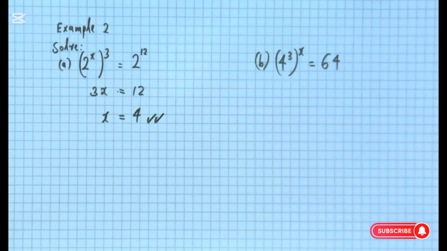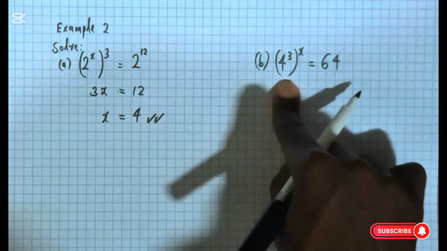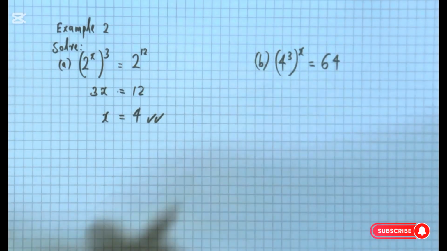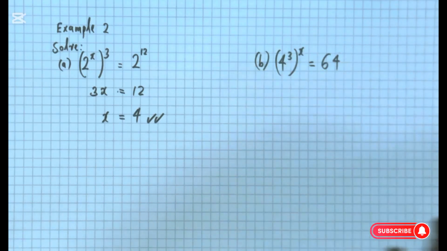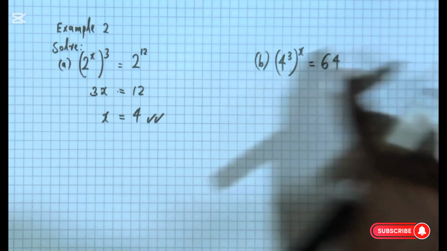Now that is already solved, and we've used our knowledge of the product rule to solve for that. Now for the second problem, we have 4 cubed raised to x equals 64. Before you solve this problem, you want to first of all make sure that 64 is written as a power of 4.